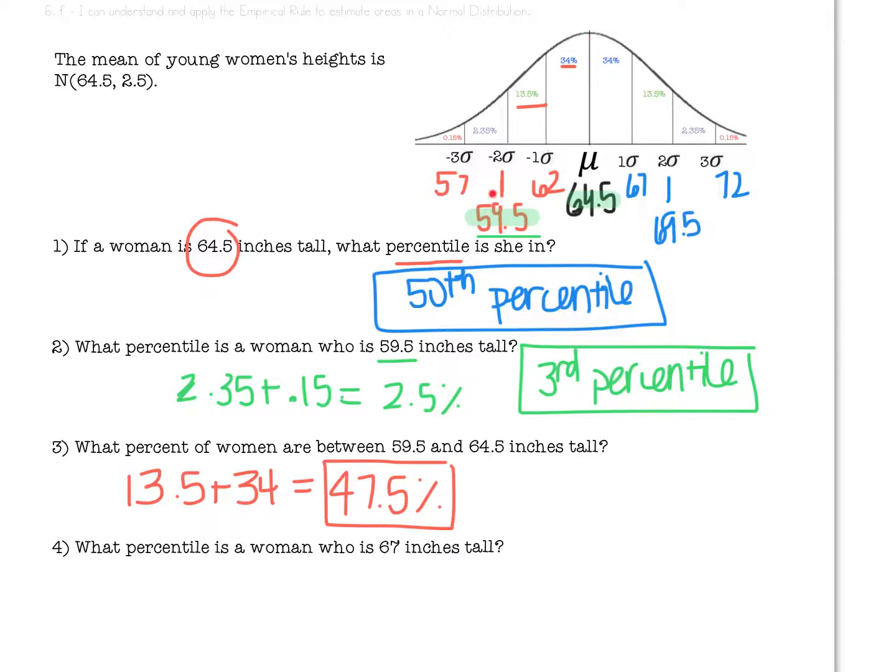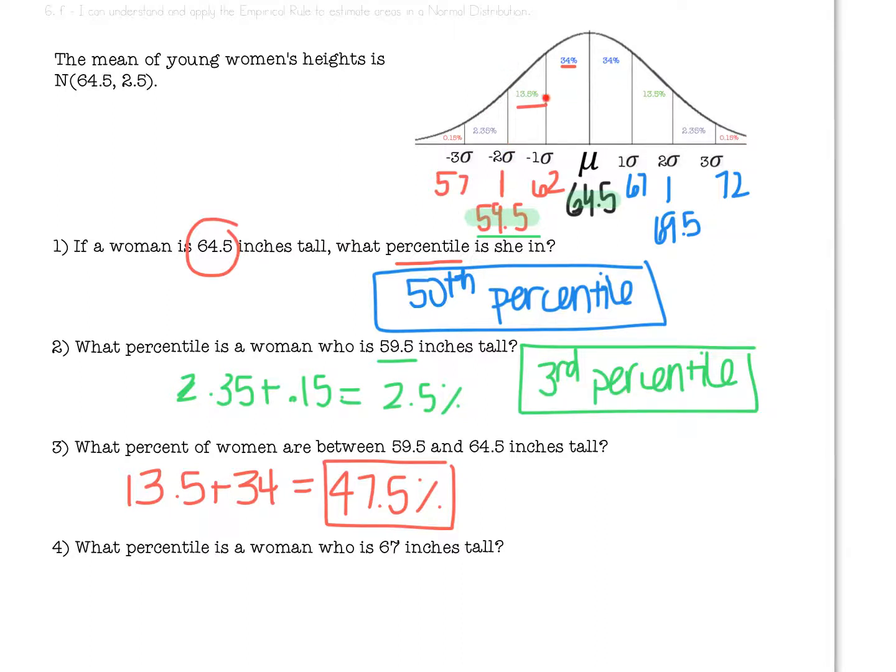Another approach that I could have to it is I could think about, I know that 50% of my data is below 64.5. So that would be every height below 64.5. I also know from this previous problem that 2.5% of the data is below that 59.5.